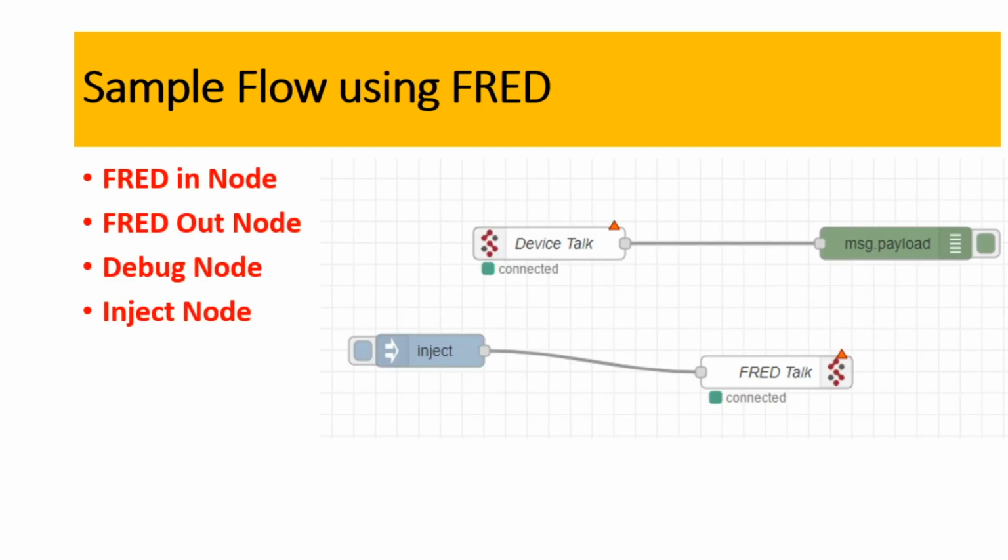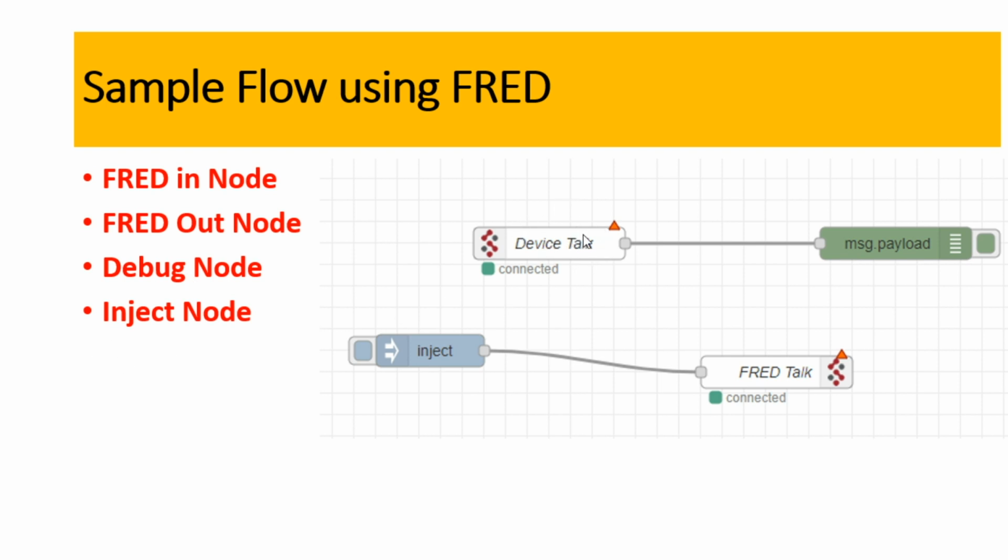Now this is the sample flow we are going to create on the client side, and a similar flow we are going to create on the server side as well. Here we need a FRED in node and a FRED out node, then a debug node to display the output and an inject node to trigger the input data. So we are going to use 4 nodes: FRED in, FRED out, the debug node and the inject node.